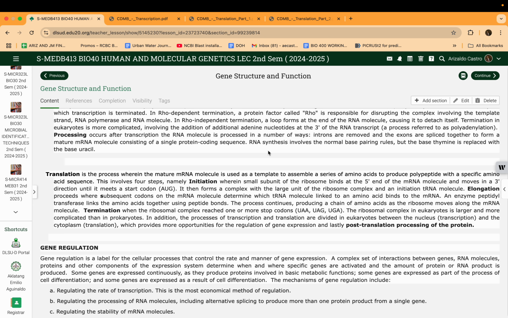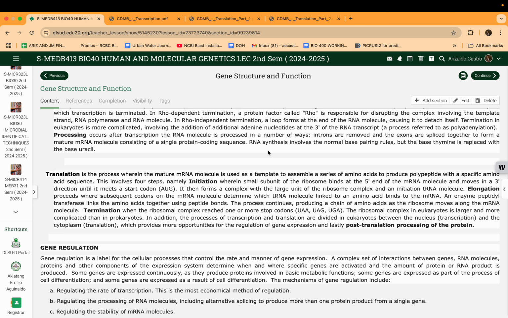And this involves 4 steps, namely initiation, wherein the small subunit of the ribosome binds at the 5' end of the mRNA molecule and moves in a 3' direction until it meets a start codon, which is AUG. It then will form a complex with the large unit of the ribosome, the ribosome complex, and an initiation tRNA molecule.